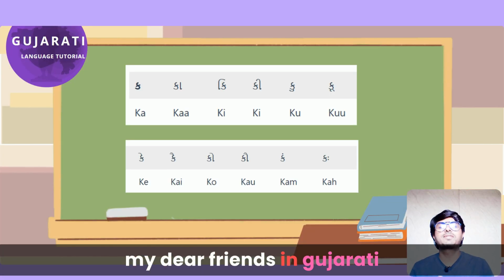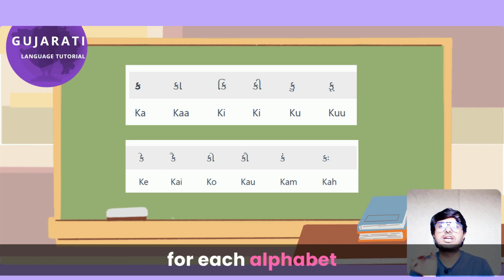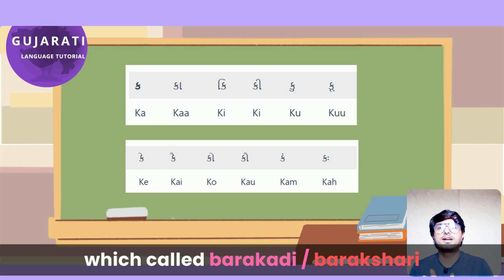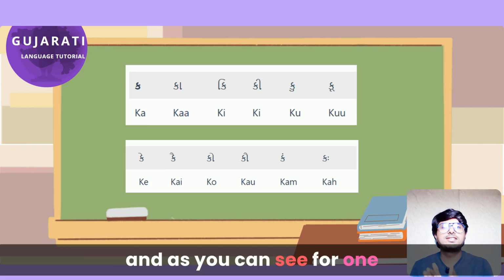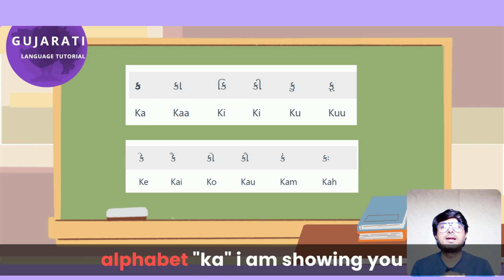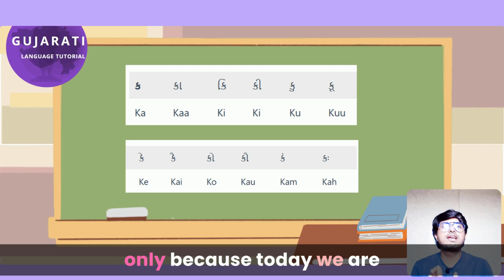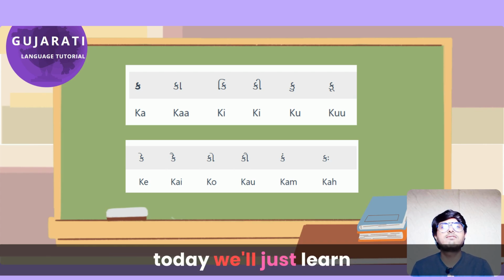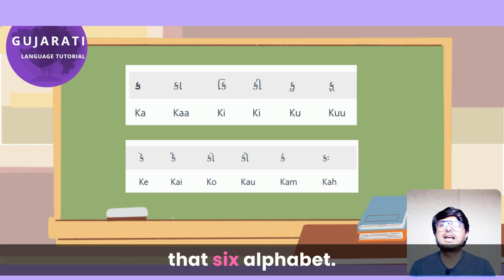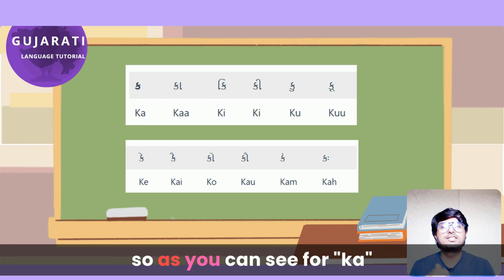My dear friends, in Gujarati, for each alphabet we have 12 versions, which are called barakadi. As you can see for one alphabet, ko, I am showing you just for your information, because today we are not going to learn barakadi. Today we'll just learn those six alphabets.